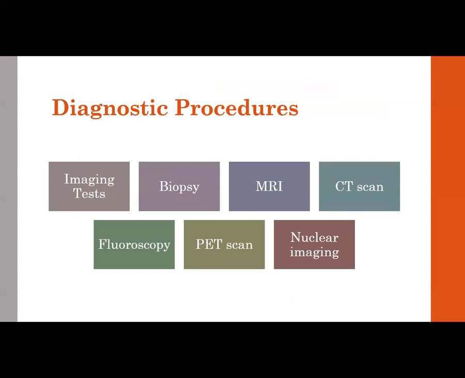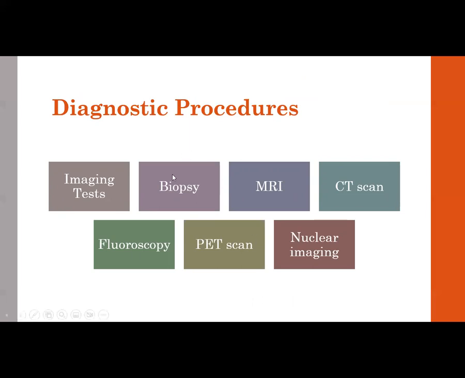So we've got different types of diagnostic procedures. We've got imaging tests. So that would be things like our just general scans, biopsies, which actually take a portion of the tissue to look at it under a microscope to see, does this look like it?